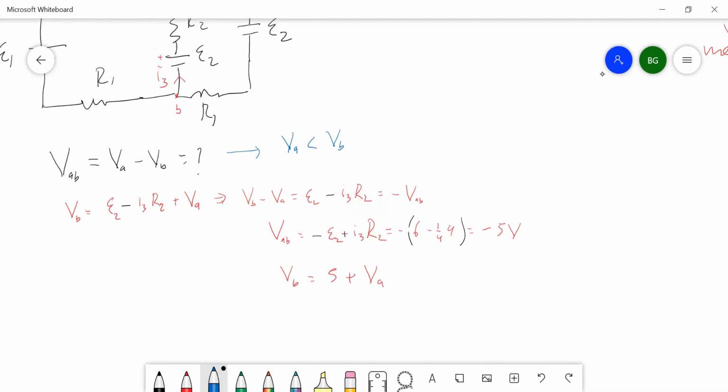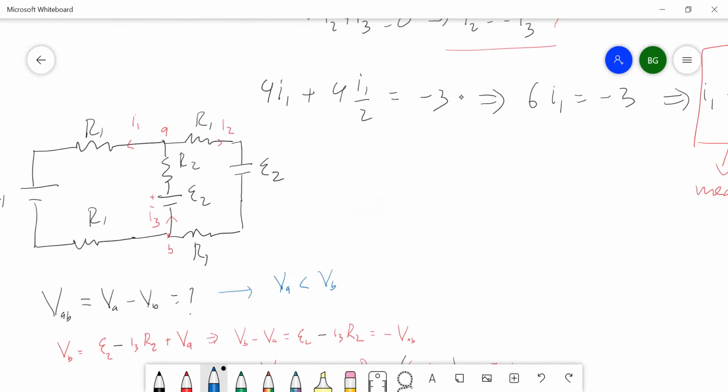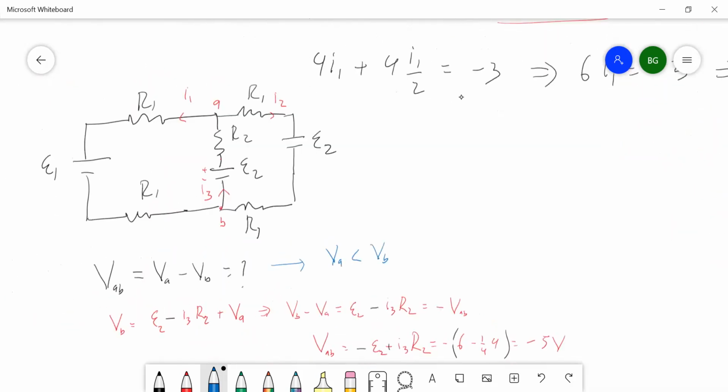Sir, can I ask a question? In the VB equal to epsilon 2 minus I3 R2, are the signs chosen because the loop is clockwise? The loop is clockwise, yes. Because I already corrected the loop, this is the correct one.